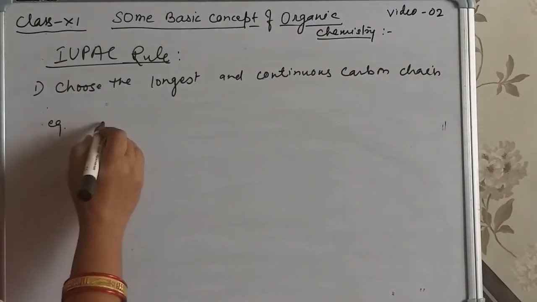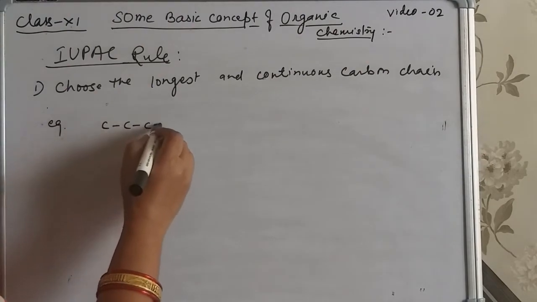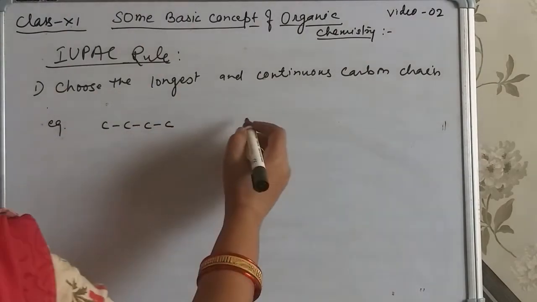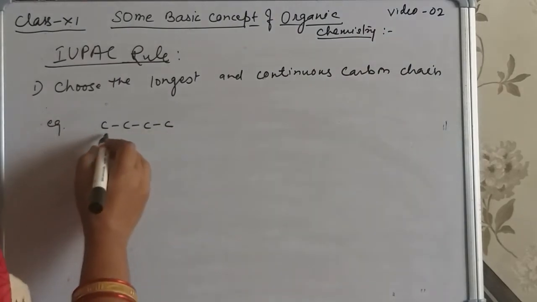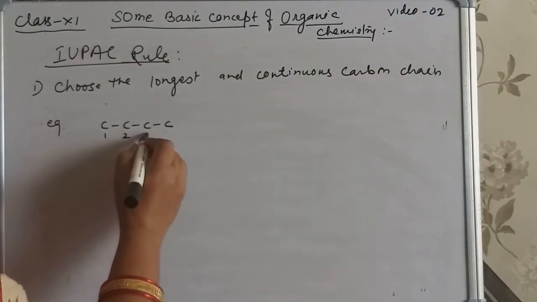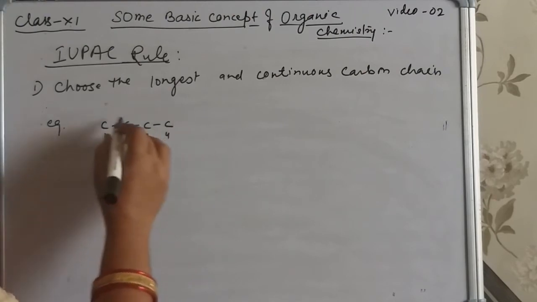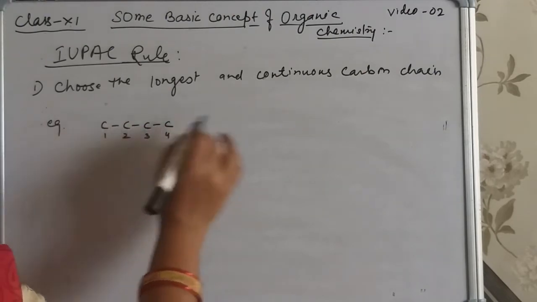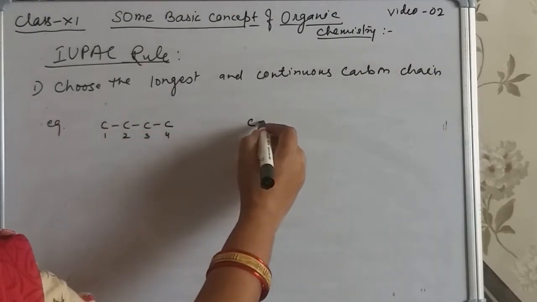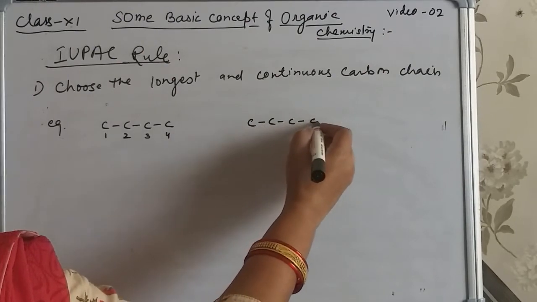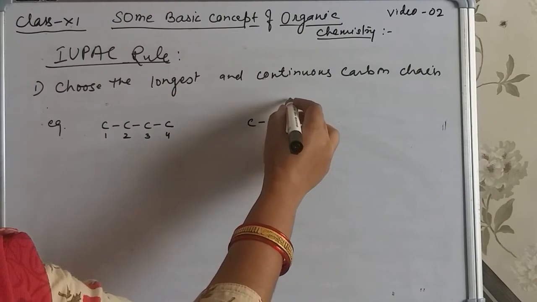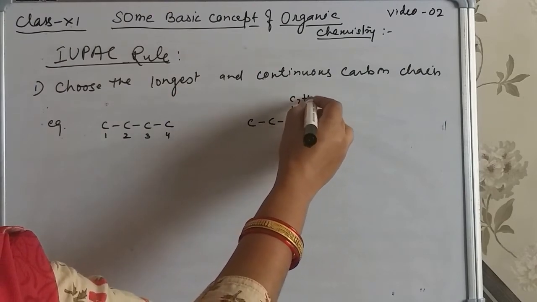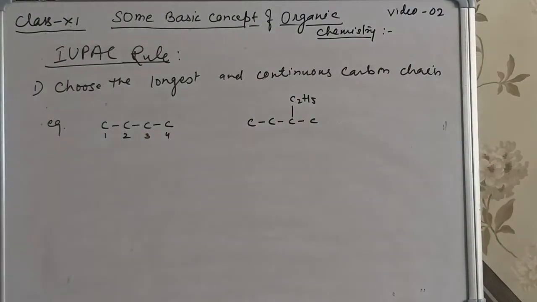Example, if we write the example, so 1, 2, 3, 4, simple. This is the parent chain, continuous and longest. Suppose C2H5. In this formula, how can we select the parent chain?